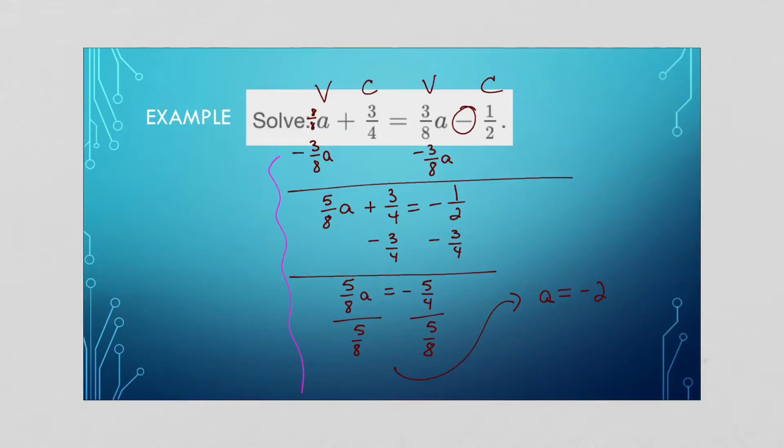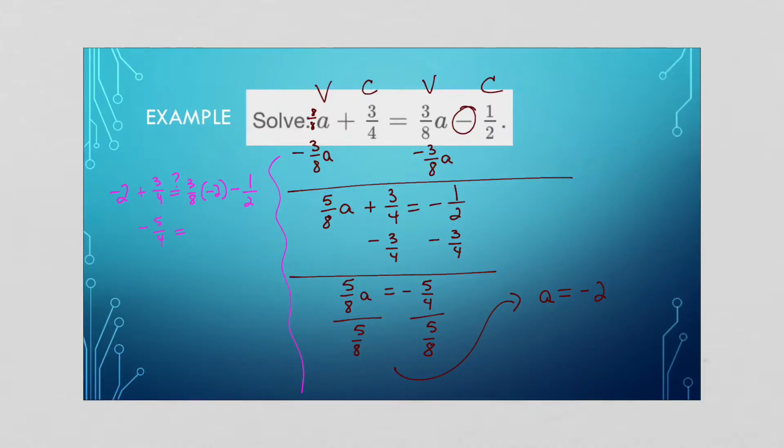All right, so to check my work, I'm going to go over here to the left side. So I've got negative 2 plus 3/4. Is that equal to 3/8 times negative 2 minus 1/2? So on my calculator, I'm typing in negative 2 plus 3/4, and I get negative 5/4.